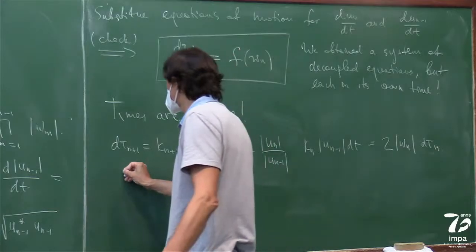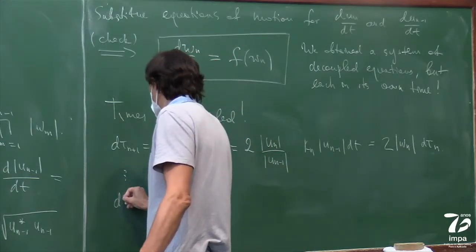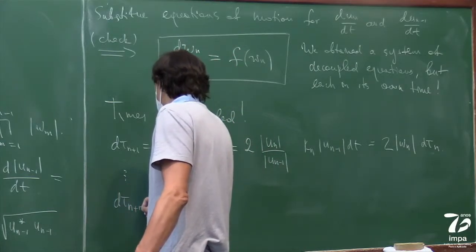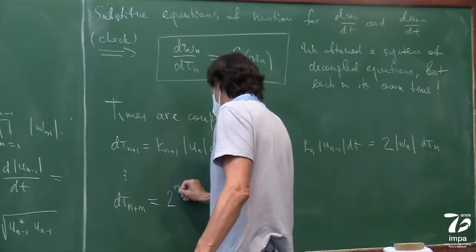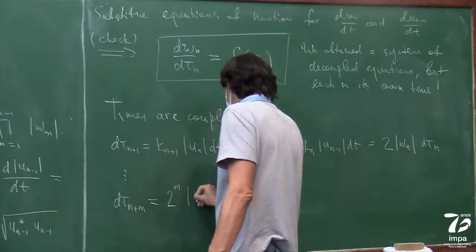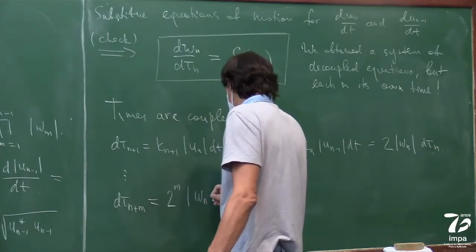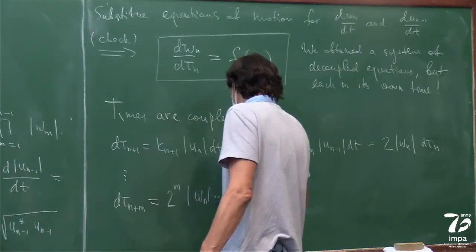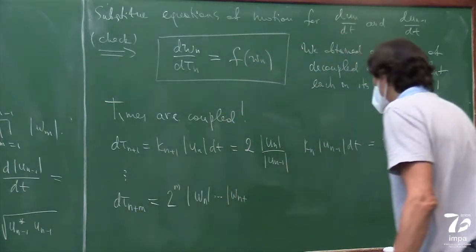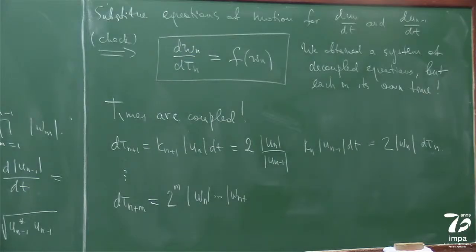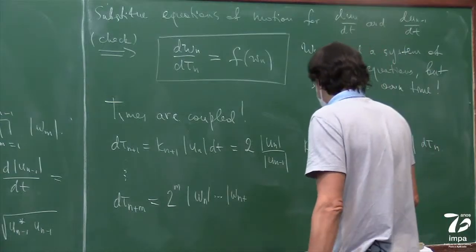And if you continue doing this, d tau n plus m will be a product, Wn until Wn plus m minus 1. Is it correct? It looks to be correct.